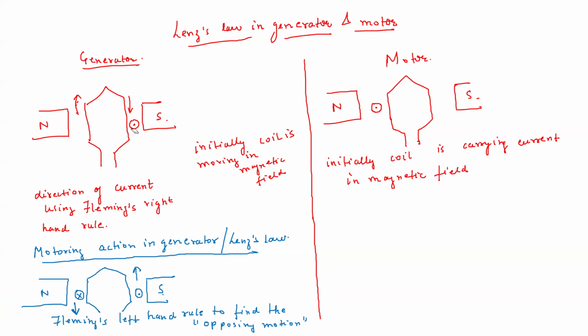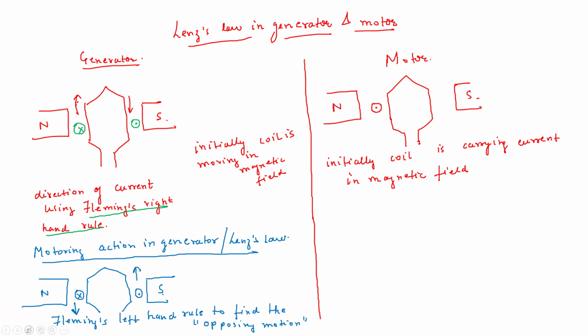What we saw is that initially there was only movement in the generator. Now because of Fleming's right hand rule, we found that the current is being carried like this, cross and dot.